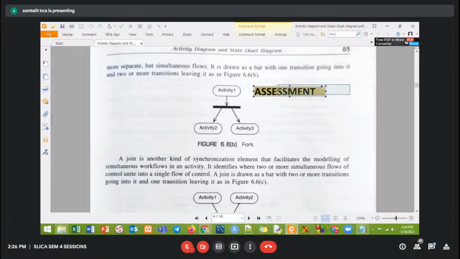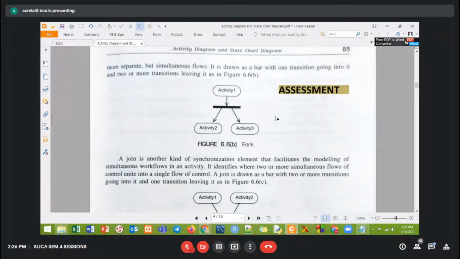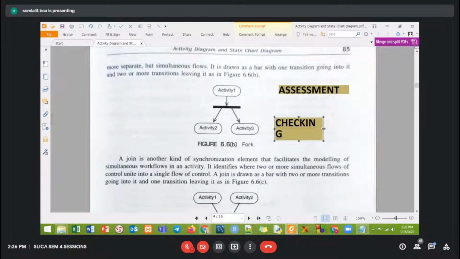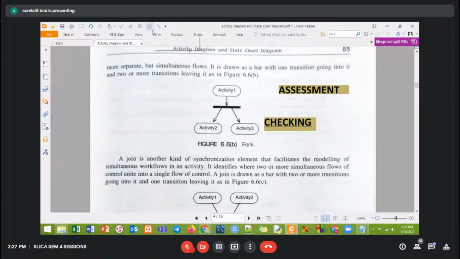Which two activities? For an example, checking is an activity. Checking is one activity which happens in assessment, and then data entry.